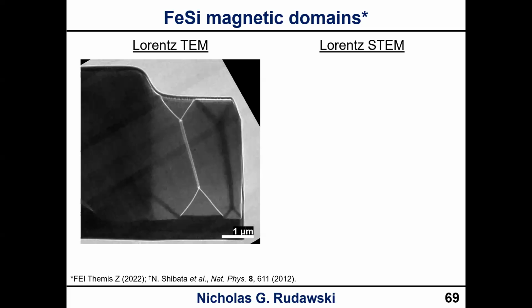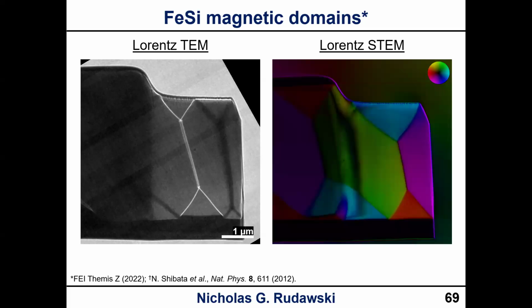So if we switch to Lorentz STEM, again we have to turn off the objective lens so we don't wipe out the domain structure. If we do Lorentz STEM, we can now assess the domain structure in terms of how the domains are oriented and how strong they are. We can see that little triangle on the bottom, that's a red domain. Those are pointing primarily to the left.